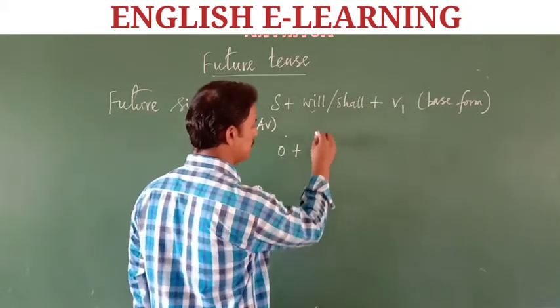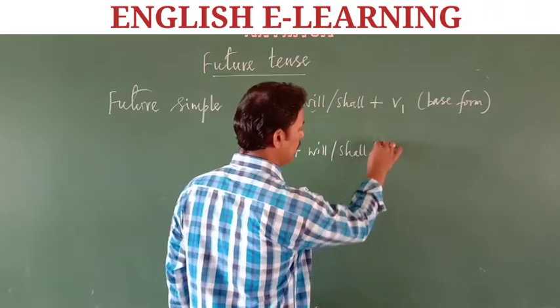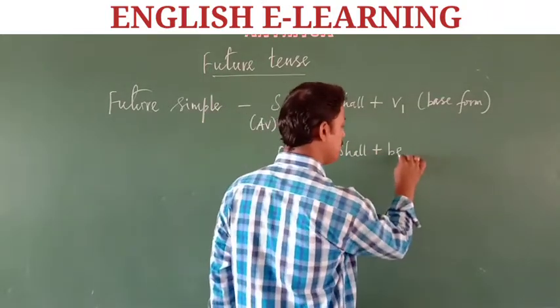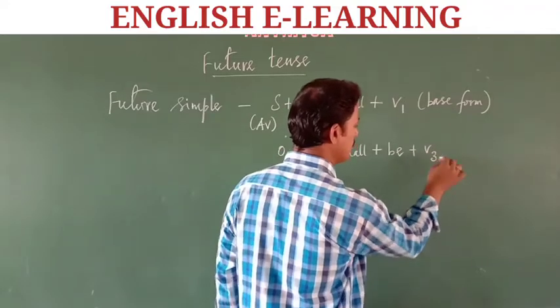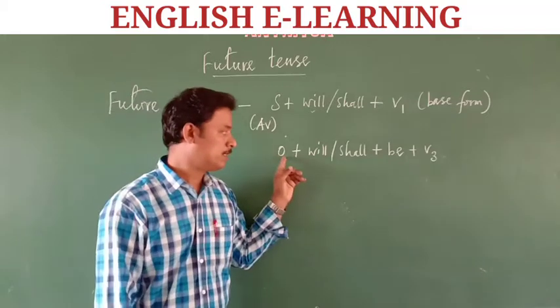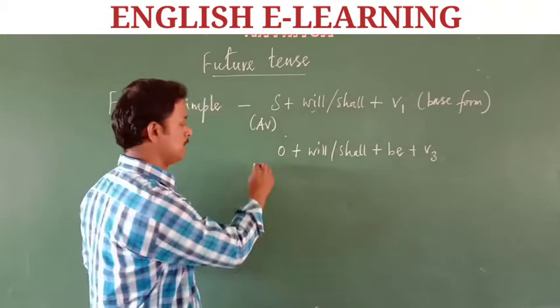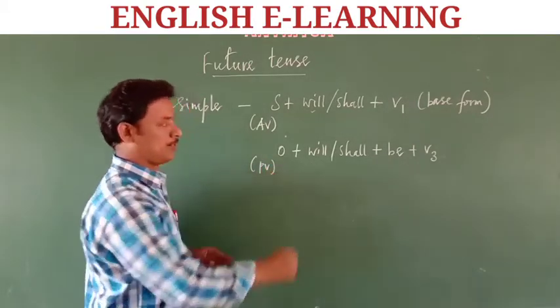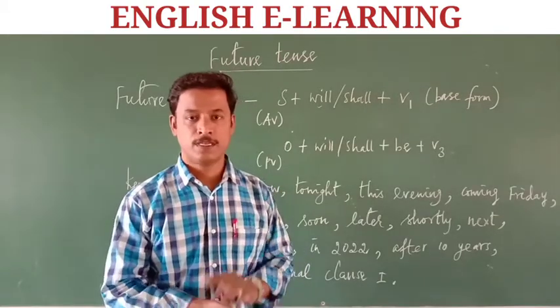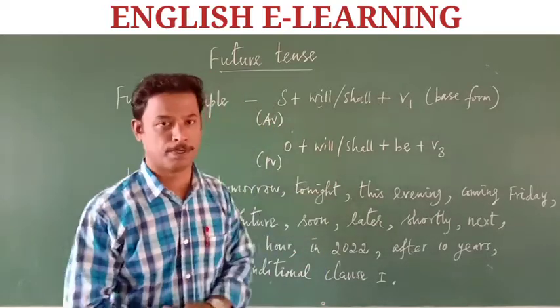Object plus will or shall plus be plus verb 3. Right. Object plus will or shall plus be plus verb 3. This is the passive structure. Right. Now let us see the key words for this future simple.